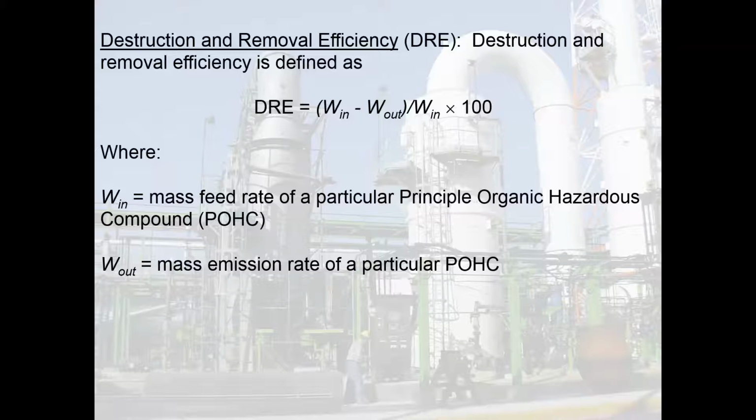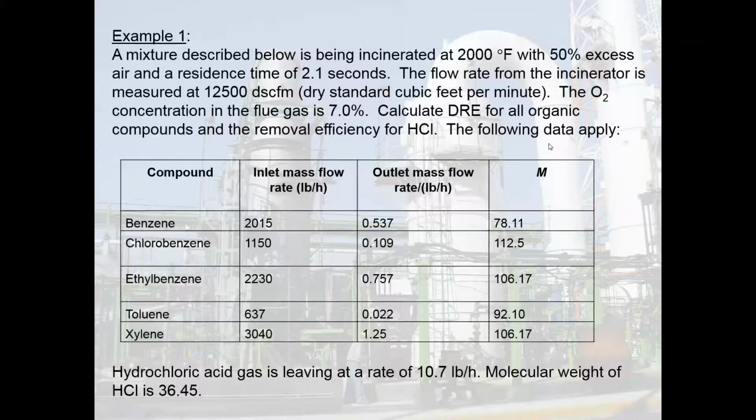And then just to give you a quick example of how we would apply this, you have a mixture described below of all of these different compounds, and it's incinerated at obviously a very high temperature of 2000 degrees Fahrenheit.